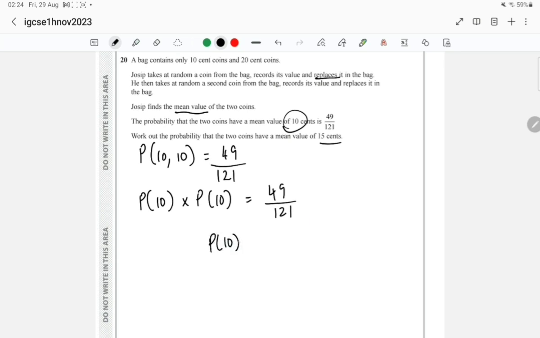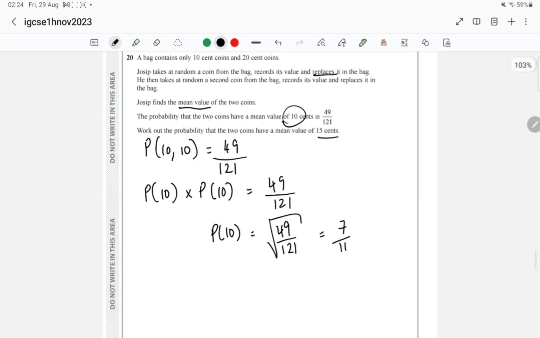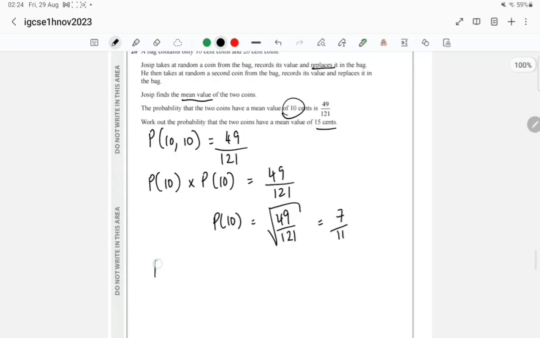So probability of 10 would be equal to the square root of this, which would be 7 over 11. So probability of 20, since we have only two possibilities, would be the total probability, which is 1, minus 7 over 11, which is 4 over 11. So I now have my probability of 10 and my probability of 20.